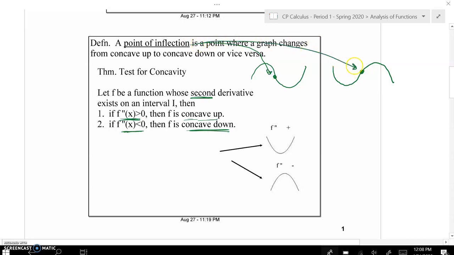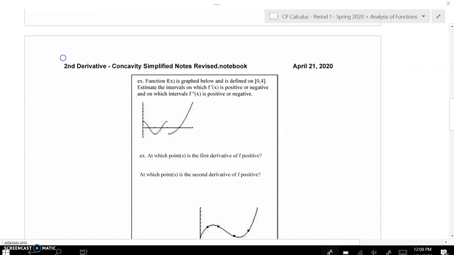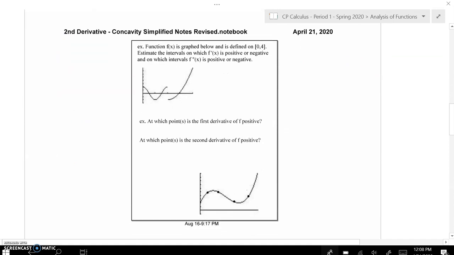So today, we'll talk about how to find that location algebraically. This is concave up, and that's concave down, so you're seeing the transition between the two. Again, positive second derivative, concave up; negative second derivative, concave down. Okay, moving on.